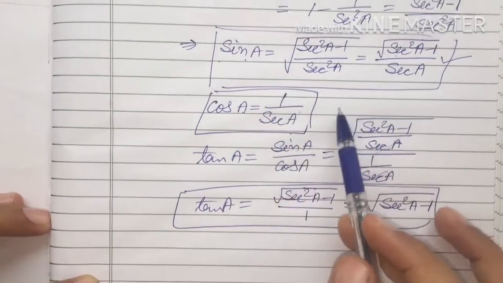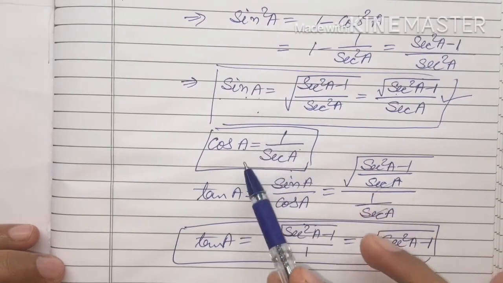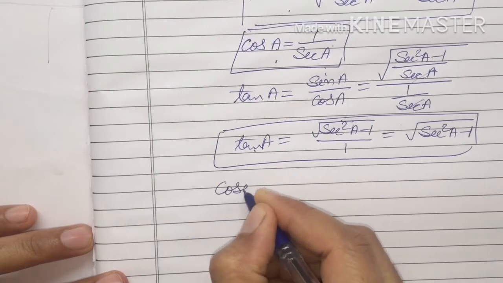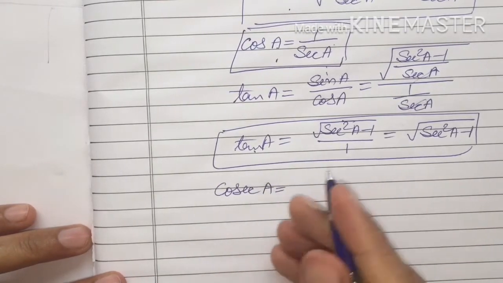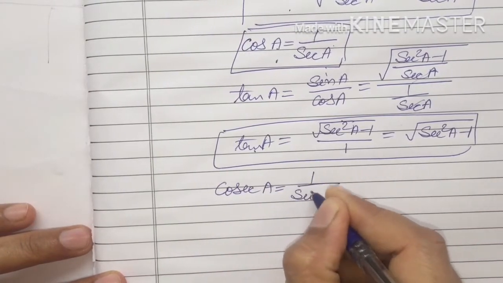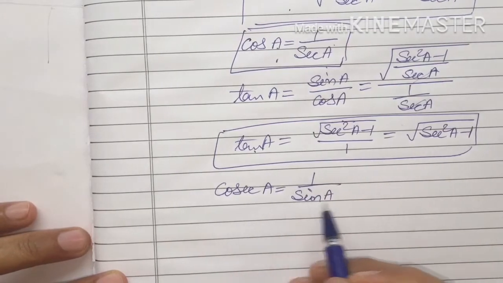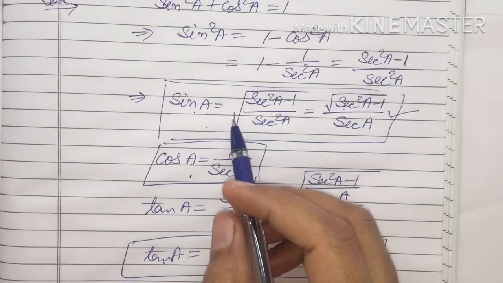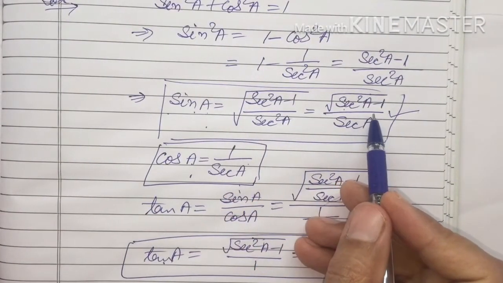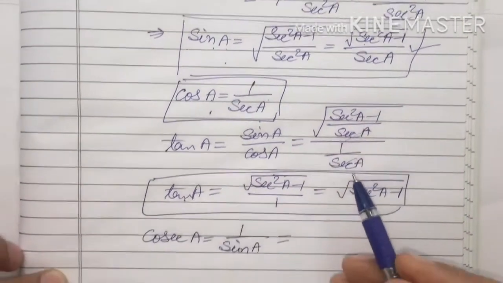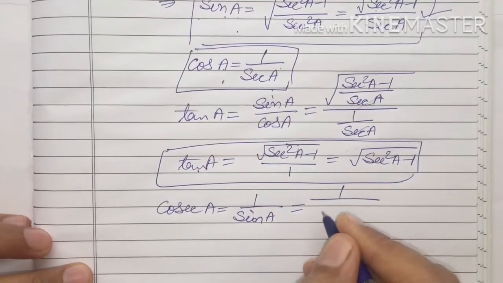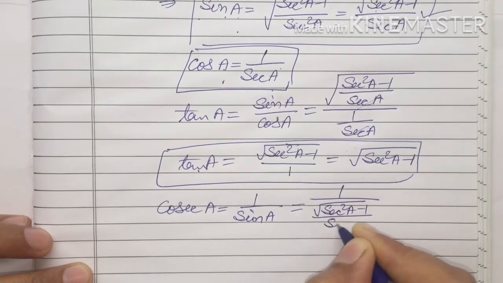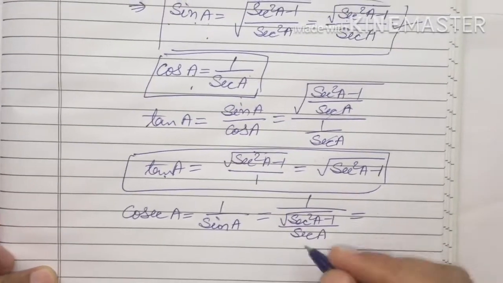So three trigonometric ratios we did: sine, cos and tangent. Next we will take cosecant. As you know, cosecant is the reciprocal of sine A, so we can write cosecant A is equal to 1 upon sine A, and the sine A value we know, root secant square A minus 1 upon secant A. So we put the value, 1 upon sine A, and it will go up.